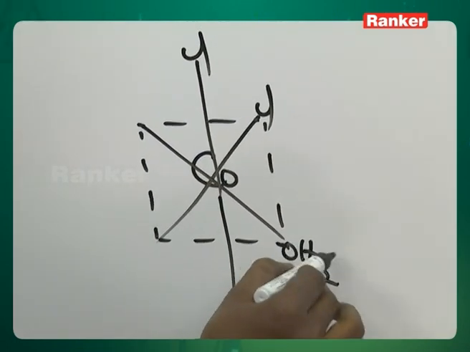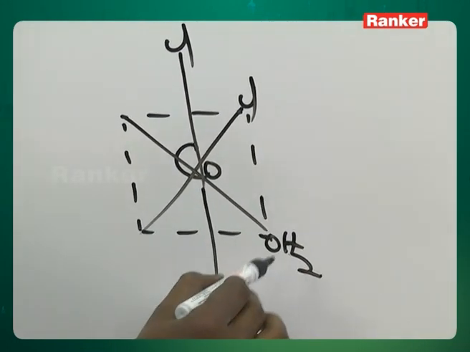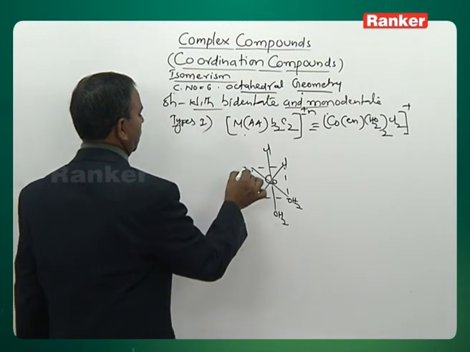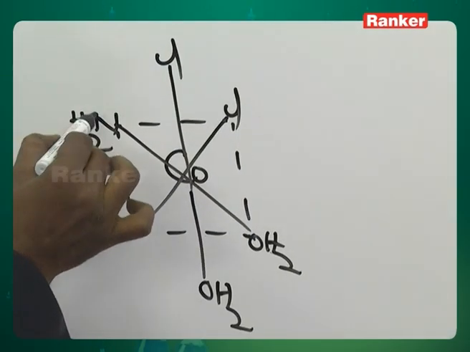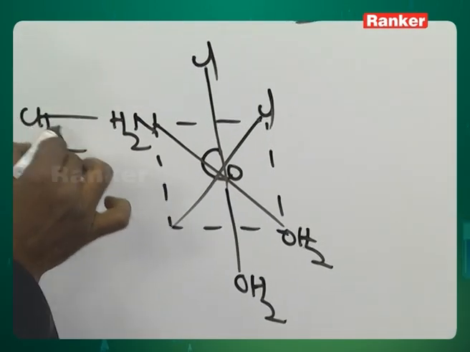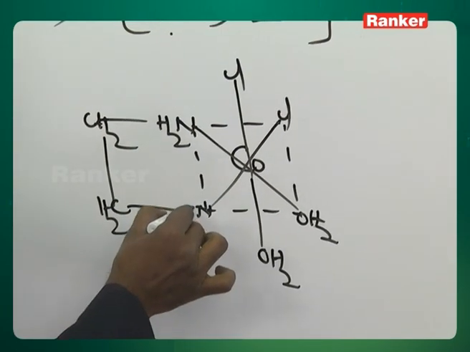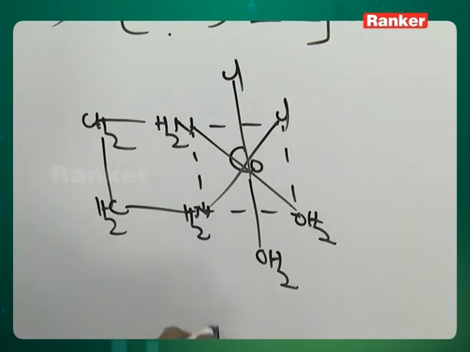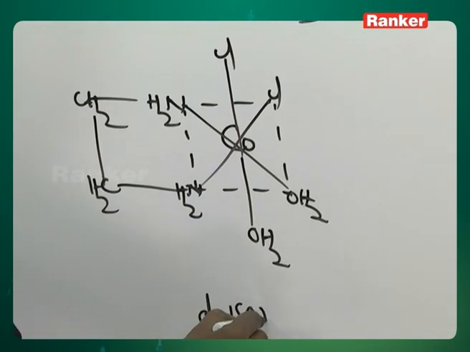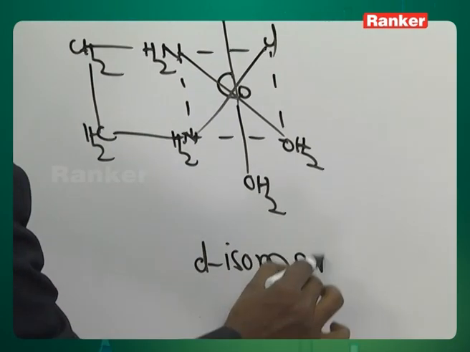The monodentate ligands I keep in cis positions. Take this as the D isomer.